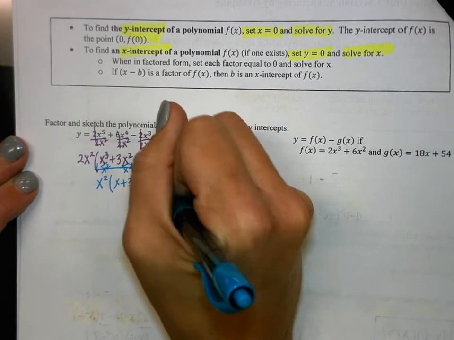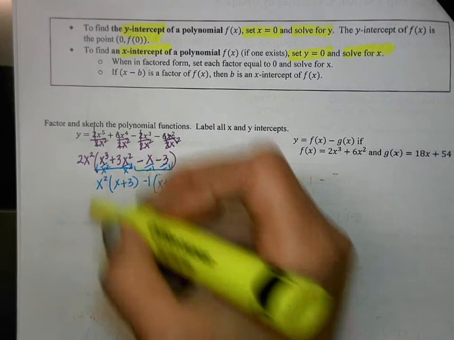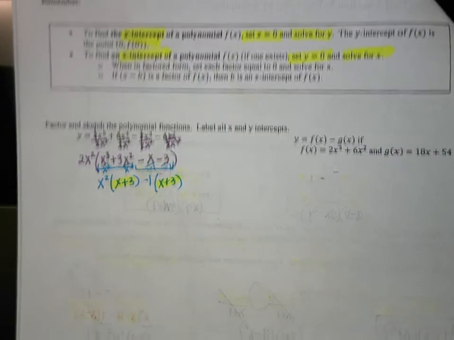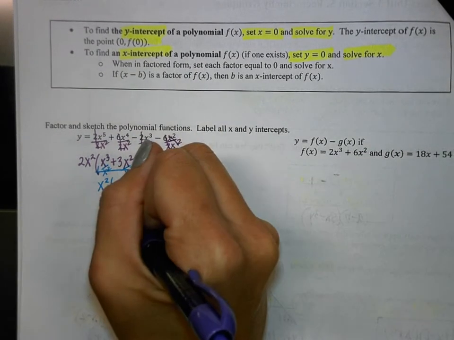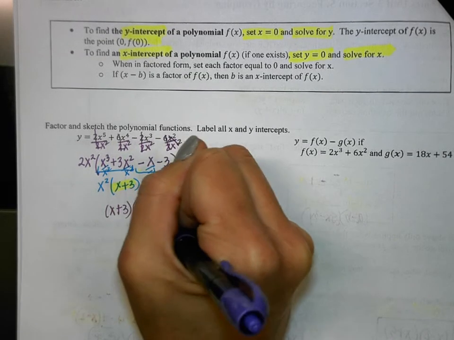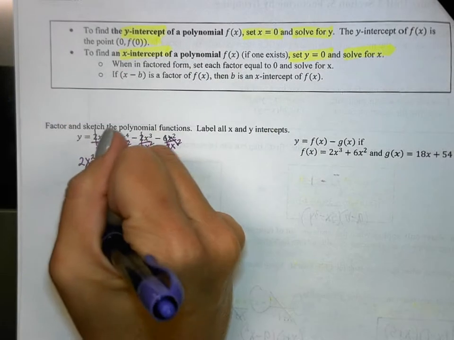X plus 3. We notice that these match, correct? So the GCF now of this problem is what? X plus 3. And I'm left with x squared minus 1. And I need to not forget my GCF. Always go back and check for your GCF, which is 2x squared.